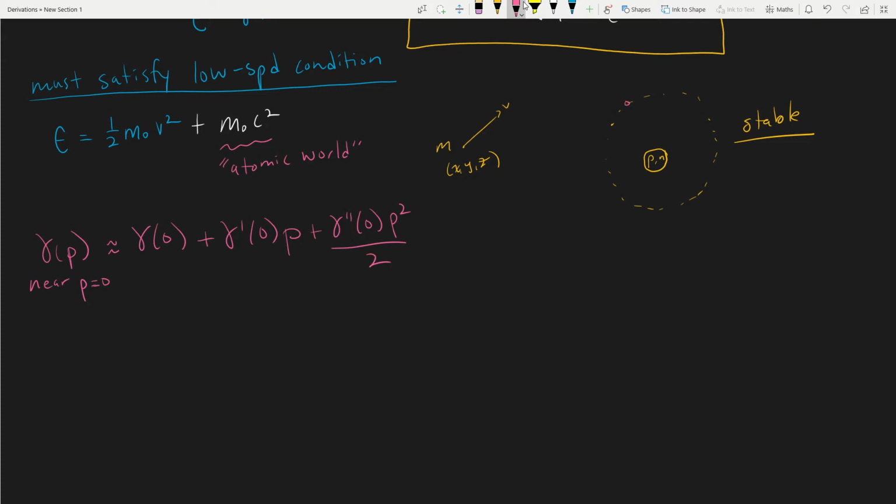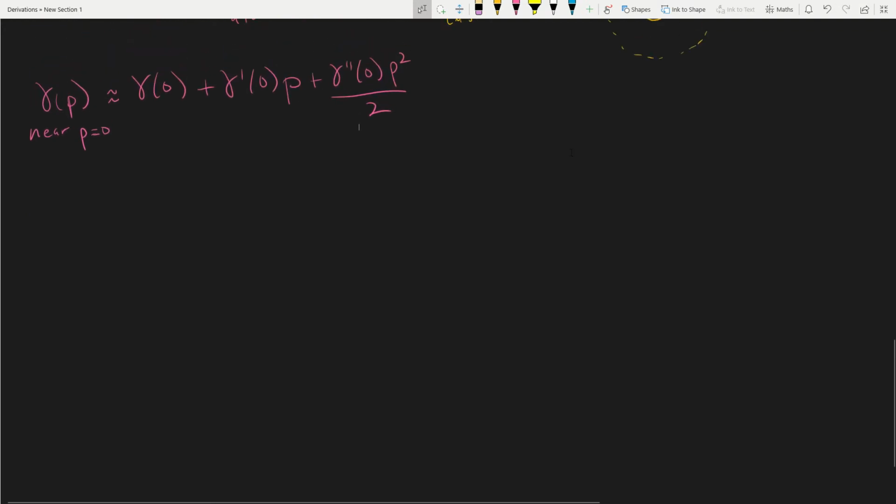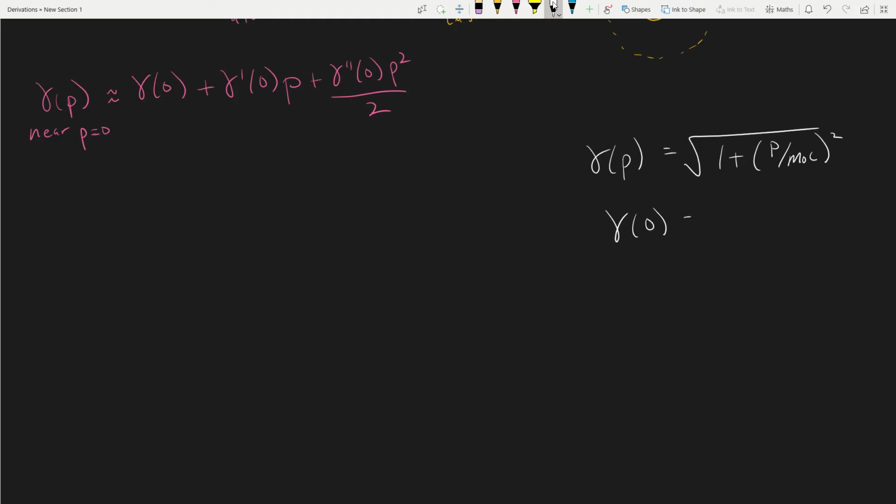Okay, so now we need to compute these derivatives. It's not too hard, so let's go through it. Let's just work off to the side here. Well, what's gamma? Gamma of p is equal to the square root of 1 plus p over m naught c, all squared. Also, it's useful to note right off the top, gamma at 0 is clearly equal to 1, because this p over m naught c term dies away at p equals 0.